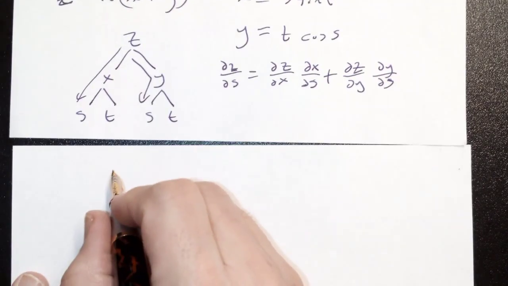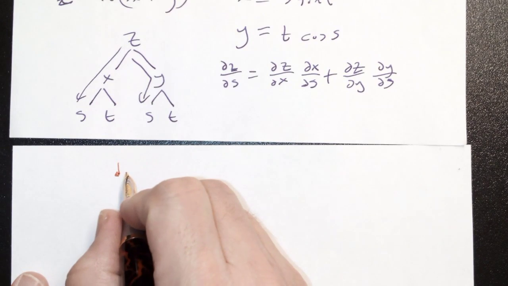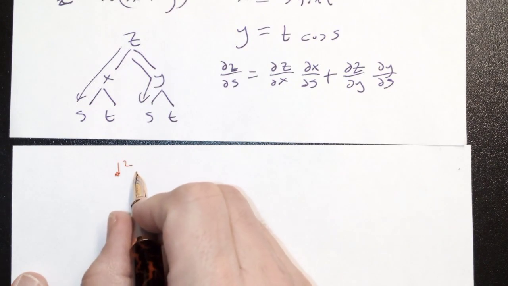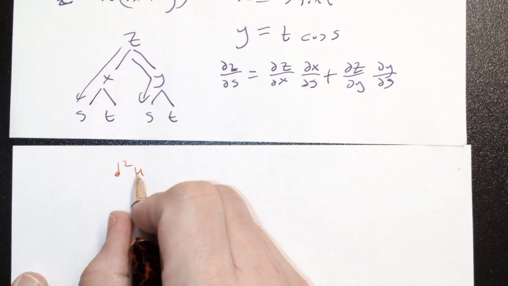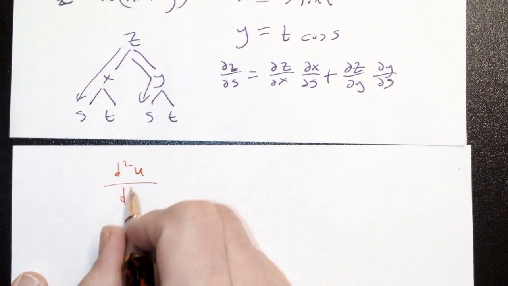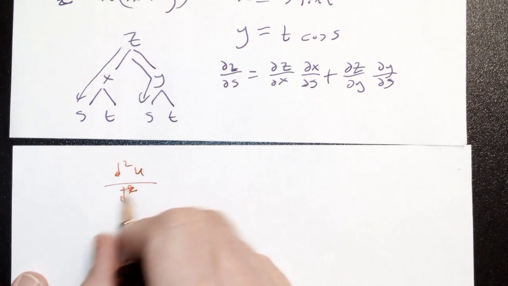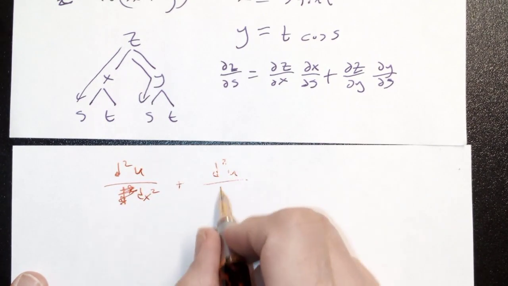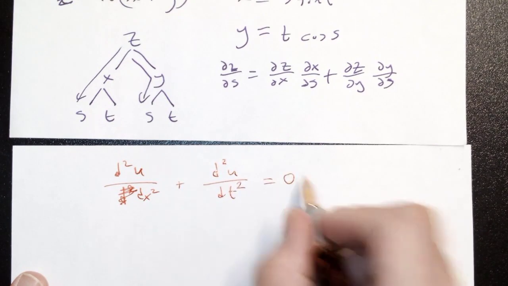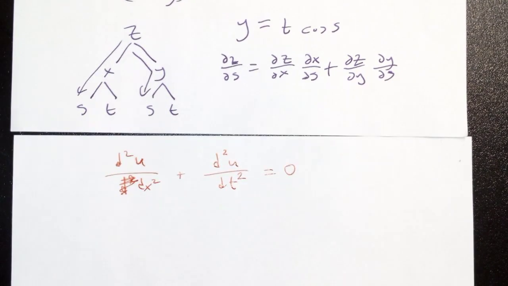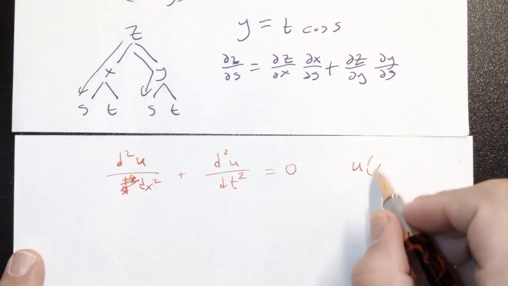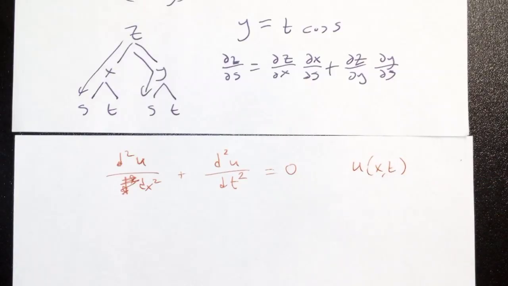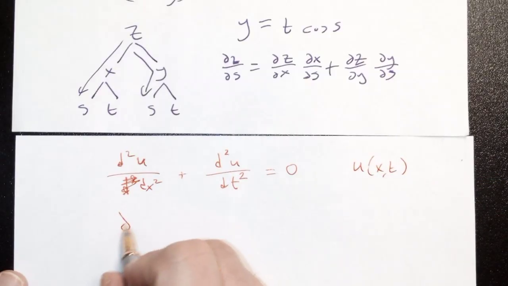And so instead of writing d squared u dx squared plus d squared u dt squared equals 0, they said, wait a minute, that looks like they should be two separate u's, just a function of x and just a function of t. And I really want it to be one function of both. They changed the notation to use that.